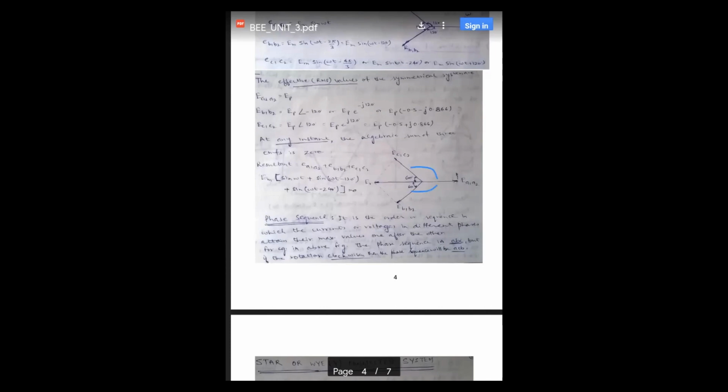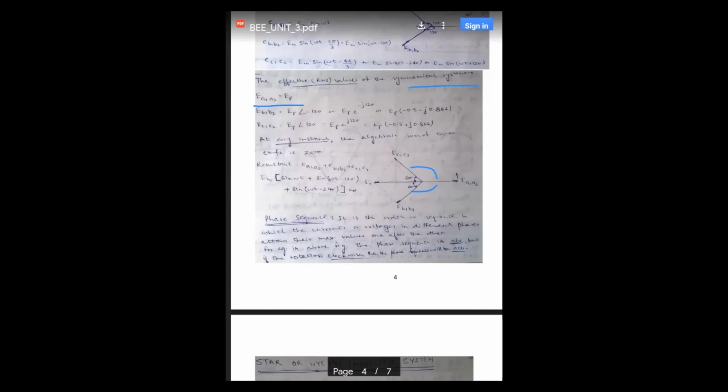Okay, so this is the phasor diagram, and it is assumed that it is a symmetrical system, and since it is a symmetrical system, the phase value of the EMF of each phase is the same.